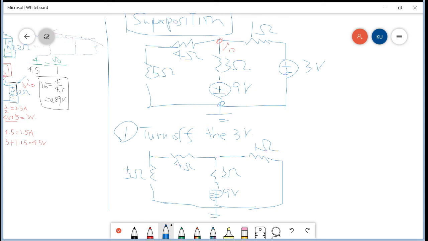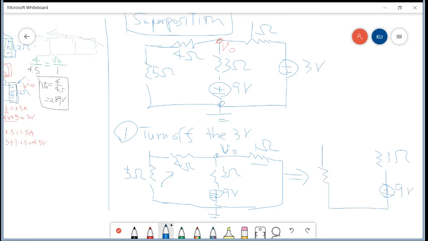So something like this. This is VO. Actually, these two make 9 ohm, and then it is in parallel with this 1 ohm. So it will look like 3 ohm, 9 volts.